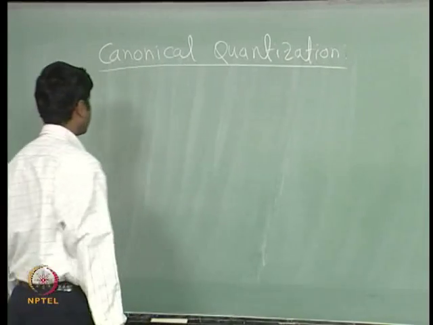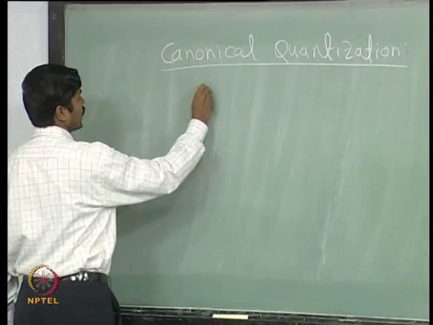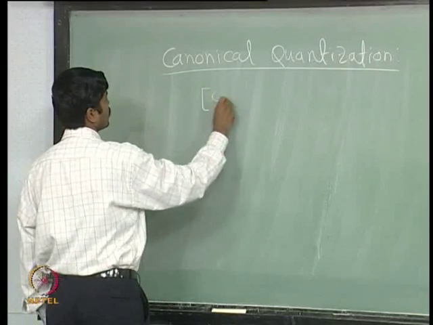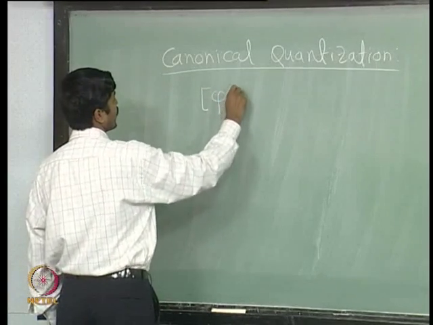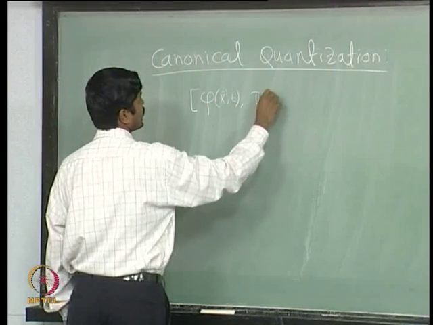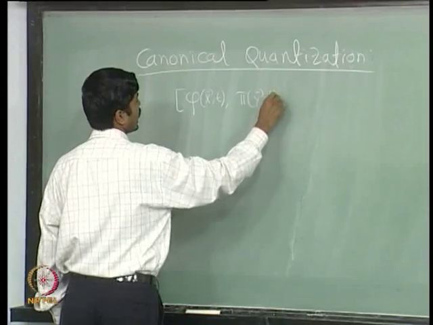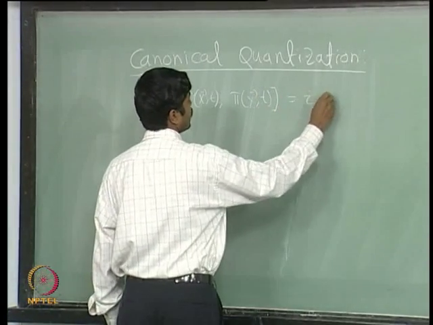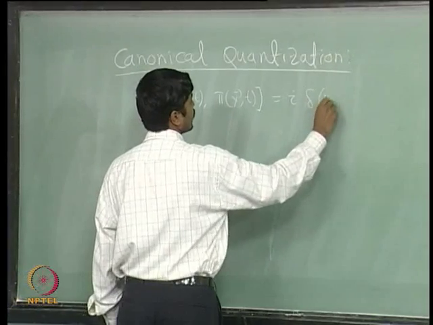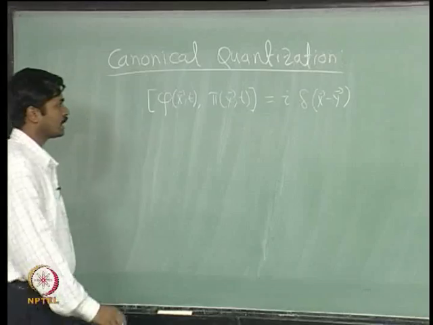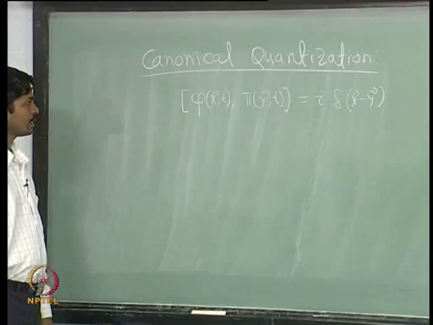We started with the fundamental commutation relation, the commutator of phi(x, t) and pi(y, t), which is i delta(x minus y), where this is the Dirac delta function.